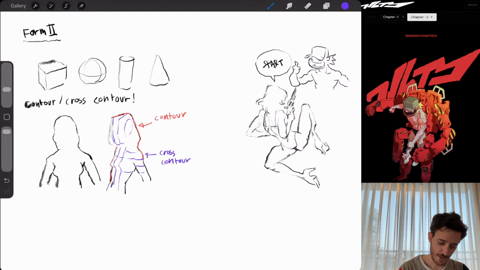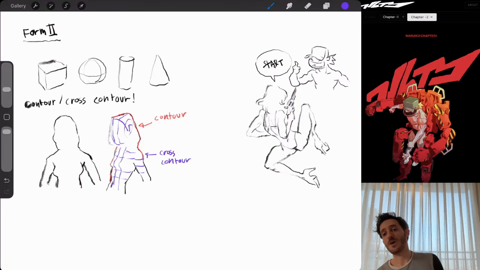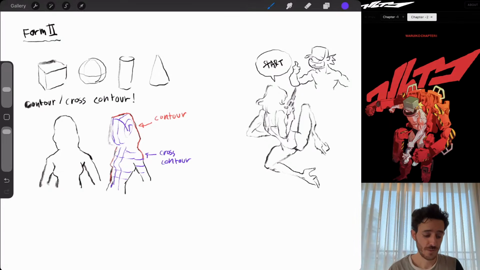But you can find a cross contour in all sorts of things, like the belly button here, like the hairline, look, is also a cross contour. So as you understand cross contour, you understand how to express and describe form better than you could.